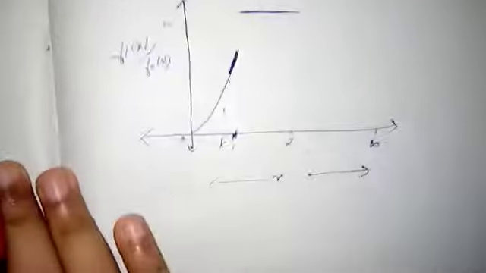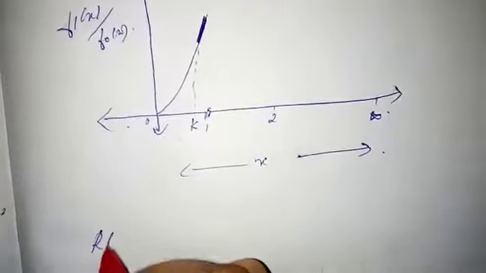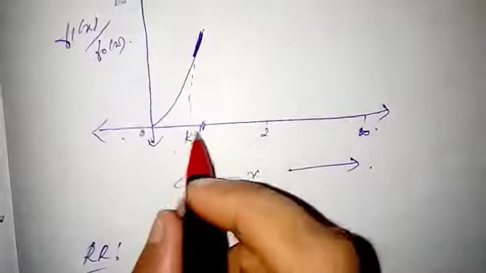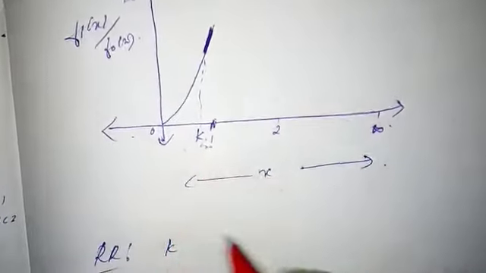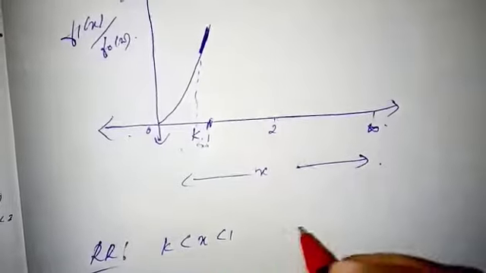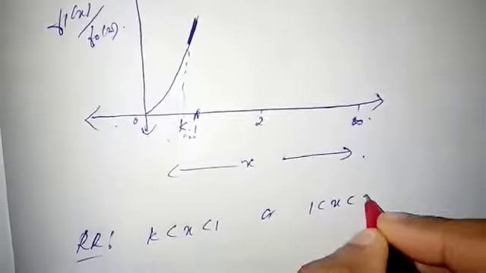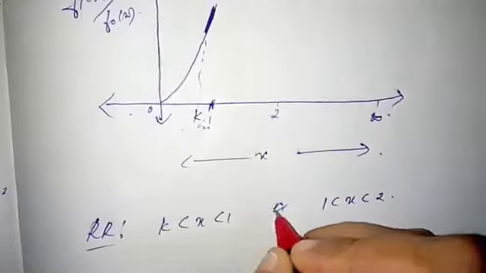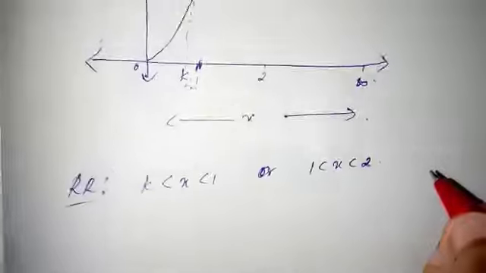Then the rejection regions are: k less than x less than 1, or 1 less than x less than 2. These two are the rejection region.